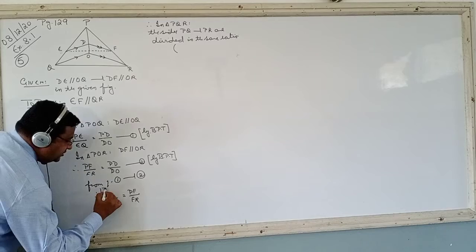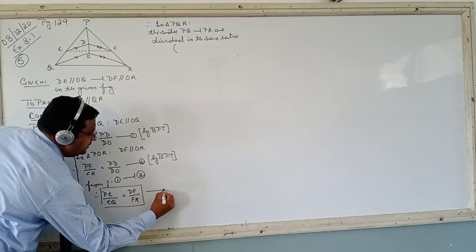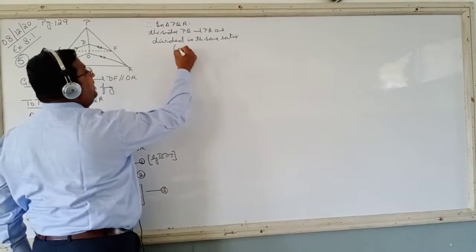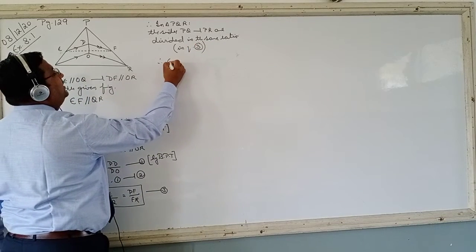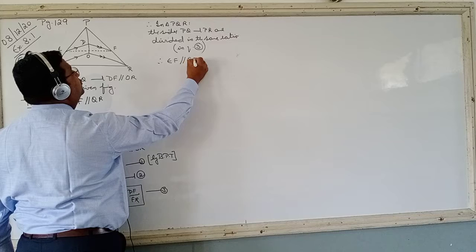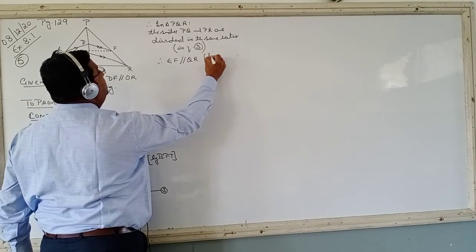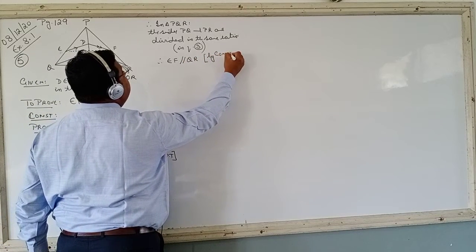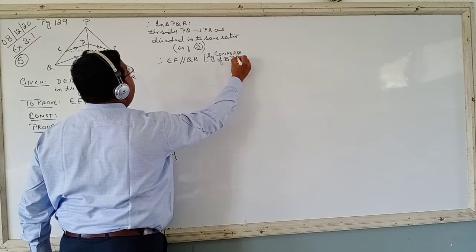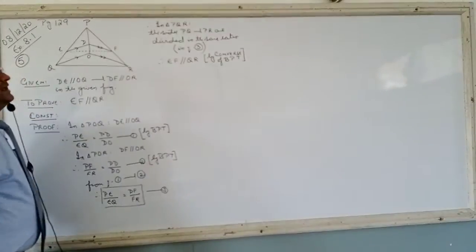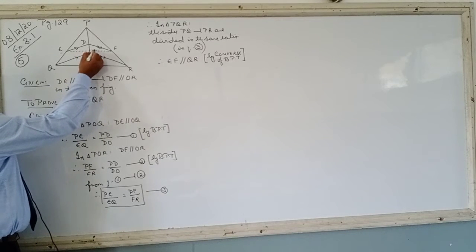Can you see this equation number third? I name it equation number third. In equation third. So therefore, EF is parallel to QR. Reason by converse of BPT. Yes, by converse of BPT.